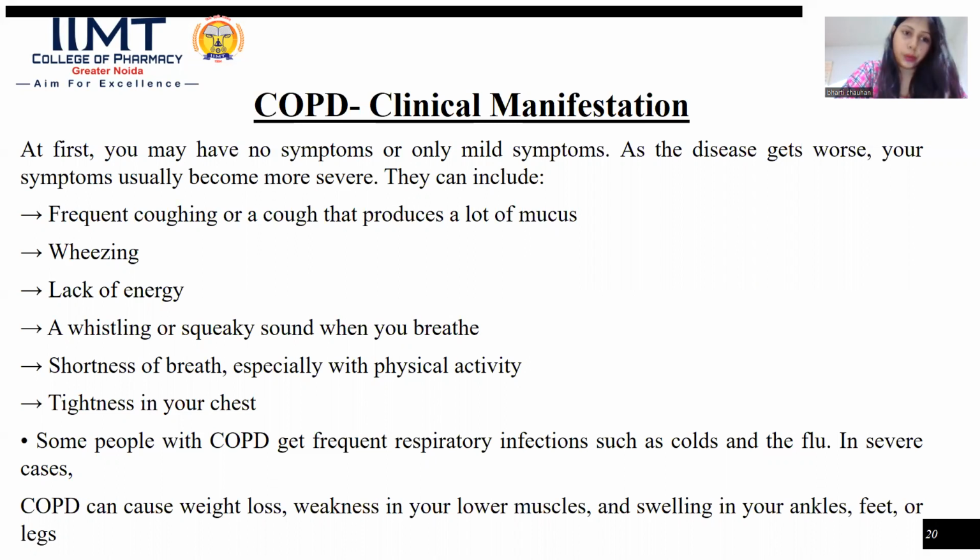They can include frequent coughing, a cough that produces a lot of mucus, wheezing, lack of energy, a whistling or squeaky sound when you breathe, shortness of breath, especially with physical activities, and tightness in your chest. Some people with COPD get frequent respiratory infections such as cold and flu. In severe cases, COPD can cause weight loss, weakness in your lower muscles, and swelling in your ankles, feet, or legs.